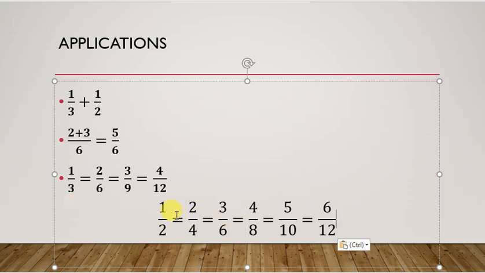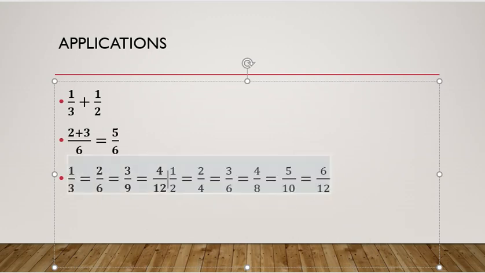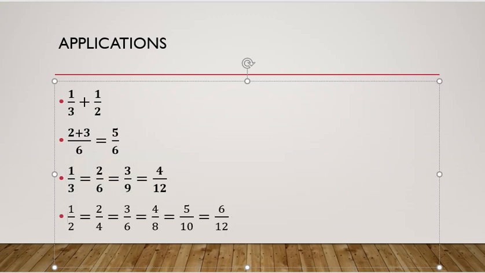Good. So you realize that we have a list of these fractions given to us. So we have equivalent fractions of 1 out of 2 also listed below.